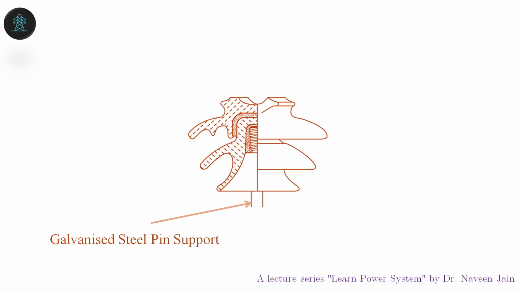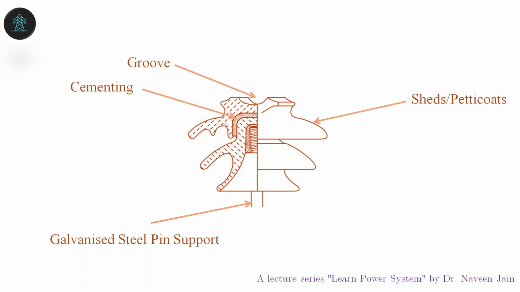This picture gives an idea about the cross section view of a pin type insulator. Here you can see the galvanized steel pin support of the pin insulator. It is cemented. The groove is where you pass the power conductor, and there are shades or petticoats.